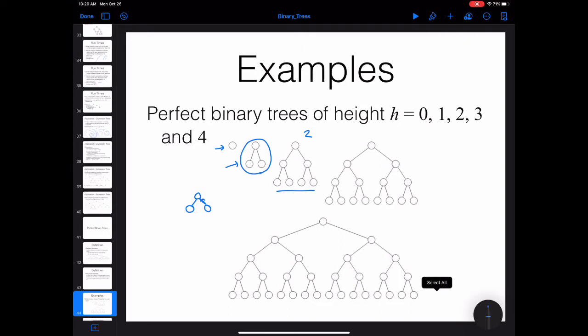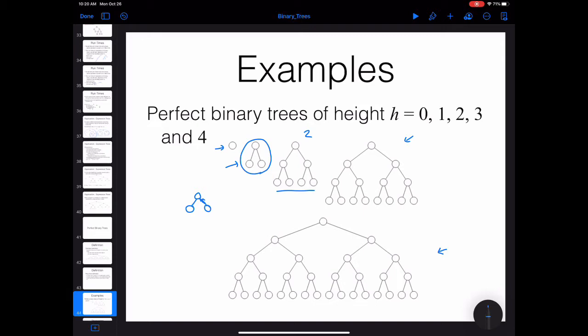A perfect binary tree of height 3 will look like this. And this is an example of a perfect binary tree of height 4. You can see that it is following a specific pattern, and it forces you to have a very specific number of nodes.